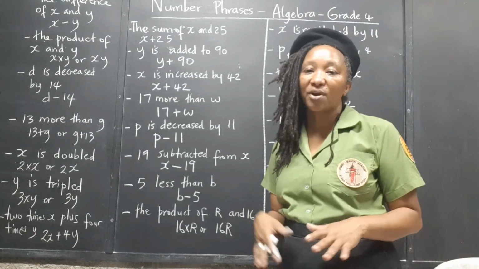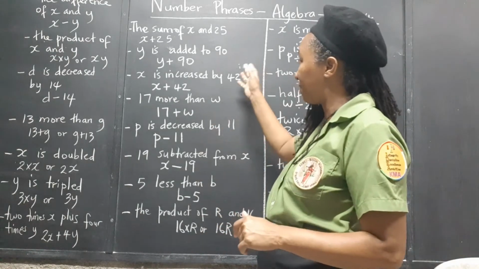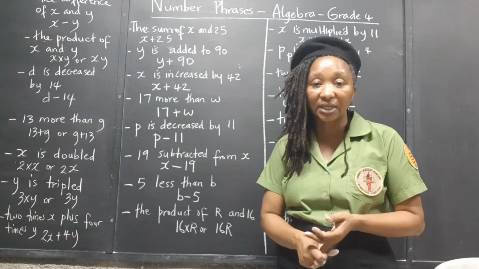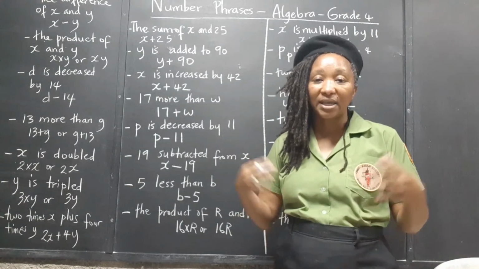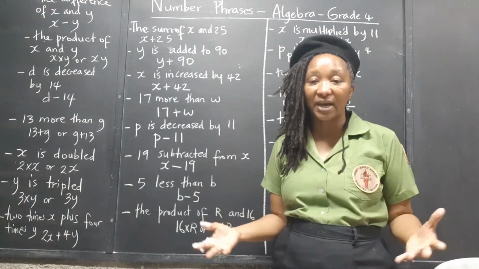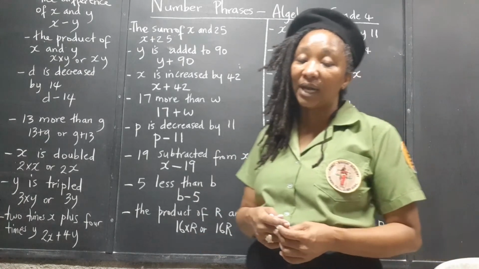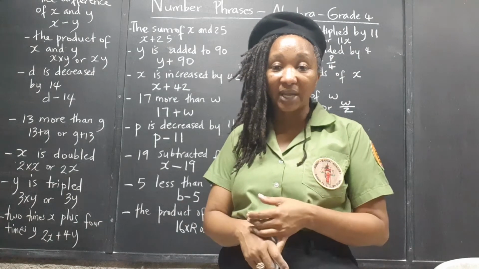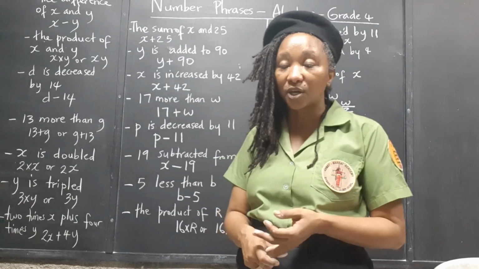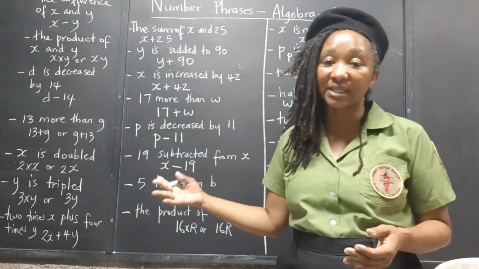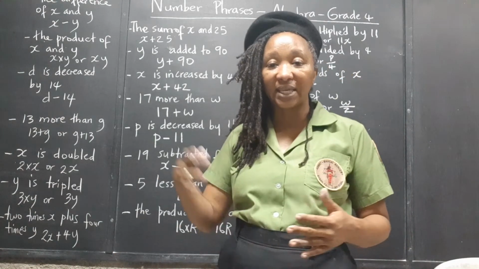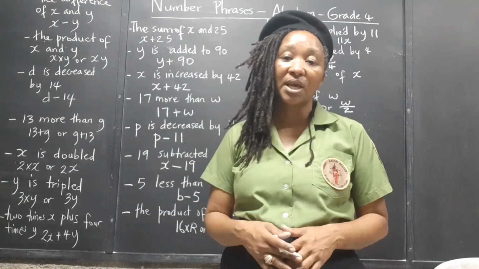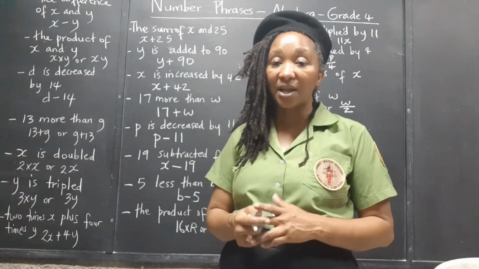So we simply were following the instruction that we're given. If we're asked to find the sum, the total, combine, increase, more than, we knew that we needed to add. If we're asked to find the difference, minus, or we're told that something is decreasing by an amount, it's getting less by an amount, it's being reduced by an amount, then we know we're going to take away.